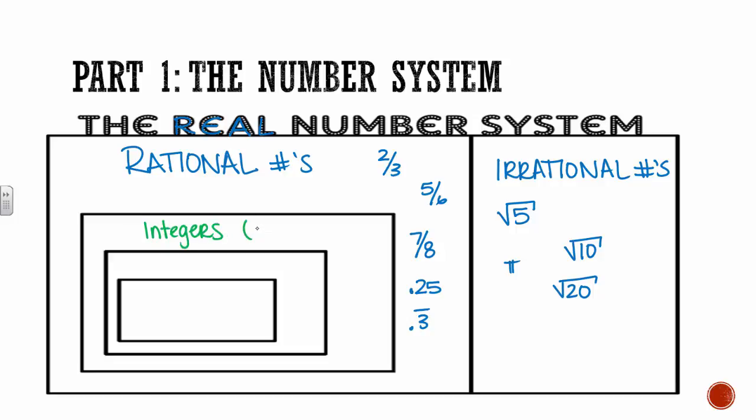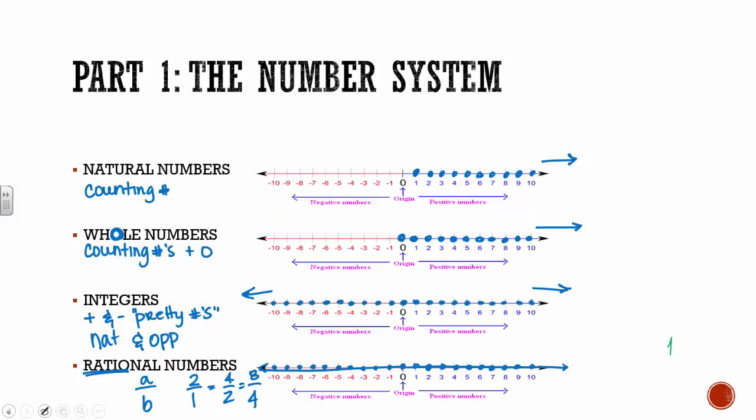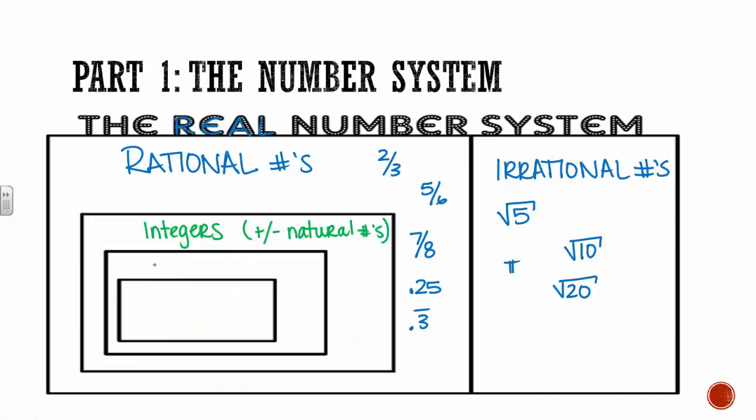So remember, these were positive and negative natural numbers. And then further discriminating, integers go to whole numbers. And remember, whole numbers don't have the negatives in there. And then finally, the most discriminant is natural number.